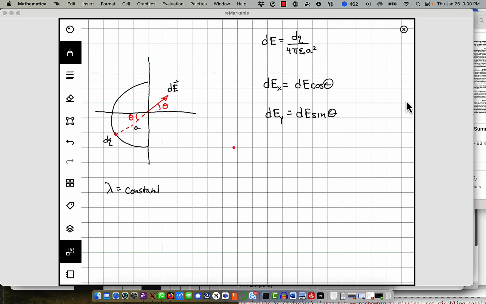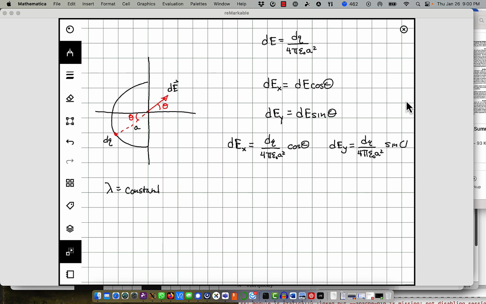All right, so let's write dE out. Put our dQ over 4 pi epsilon naught a squared cos theta, and dEy, and we're going to fill in the dE again. dQ over 4 pi epsilon naught a squared sine theta.